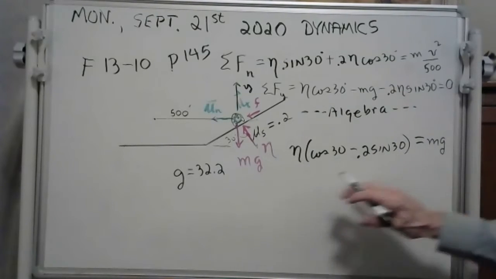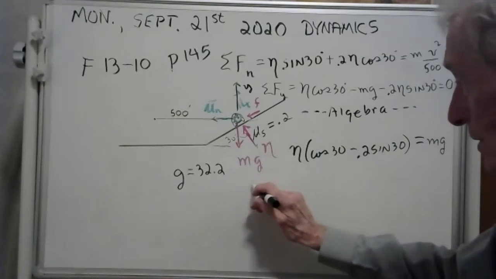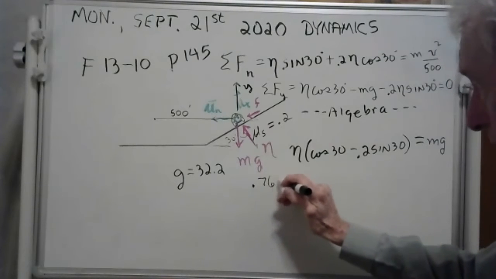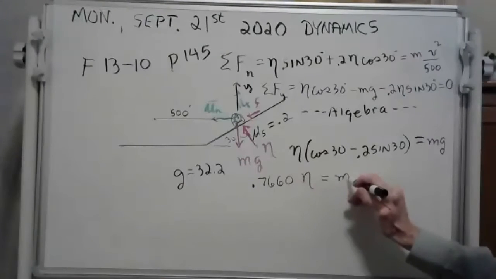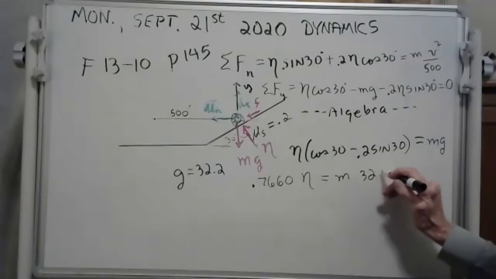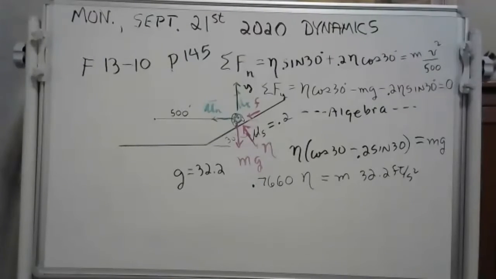All right, now put that in your calculator and let's get some numbers on that. Okay, here's what I'm getting: 0.7660 times the normal equals m times g, which we know is 32.2 feet per second squared. Okay.